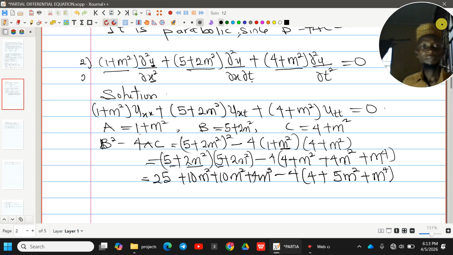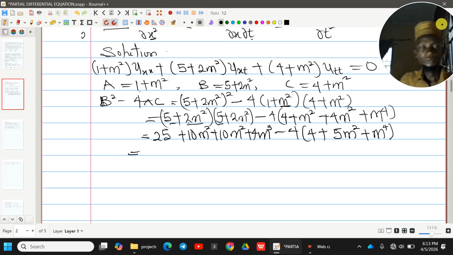Okay. Now this one we have 25 plus 10m squared plus 10m squared. This one will be 20m squared. Okay. We have plus 4m raised to power 4.